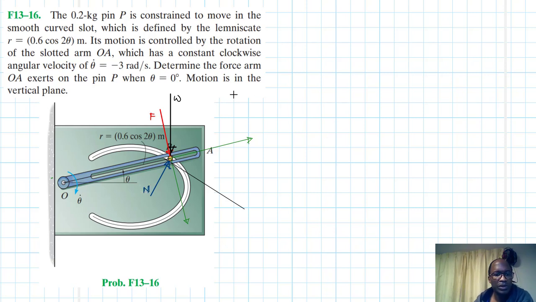But each one of these will have components along r and theta. We need to write them, but we need the angle.